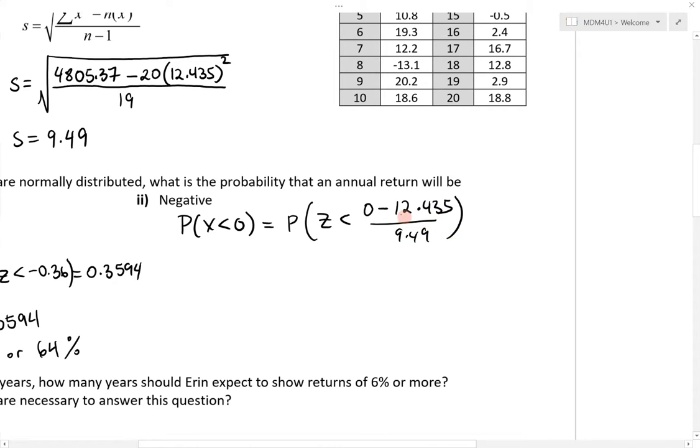So this is just another fancy way of saying here's my z-score. What's the probability of z being less than that z-score? Okay, so in other words, what's the probability that z is less than, if I evaluate all this, negative 1.31.